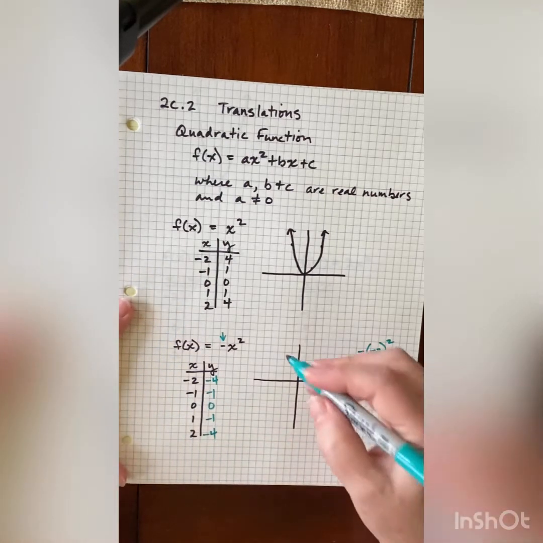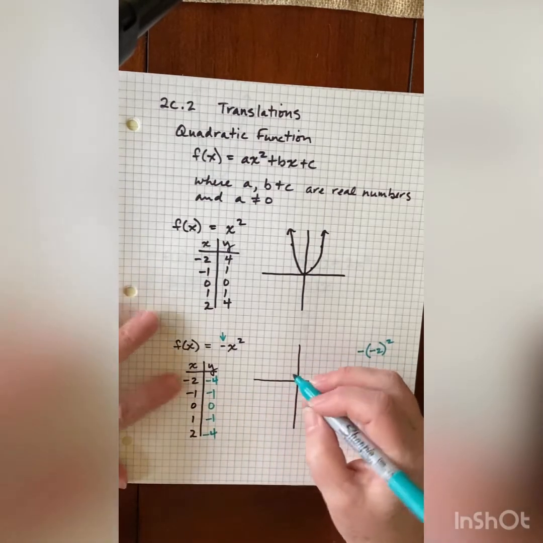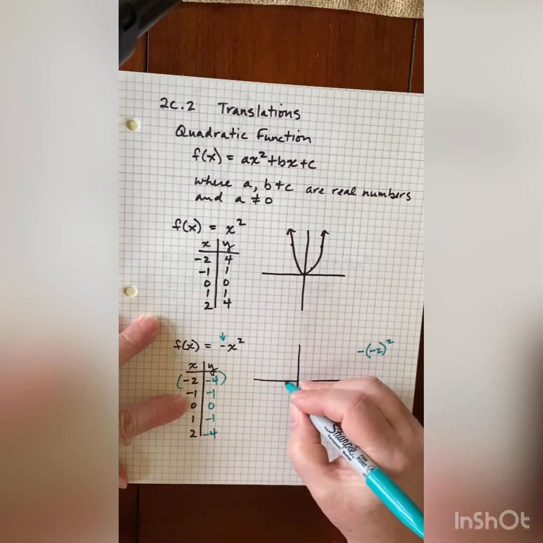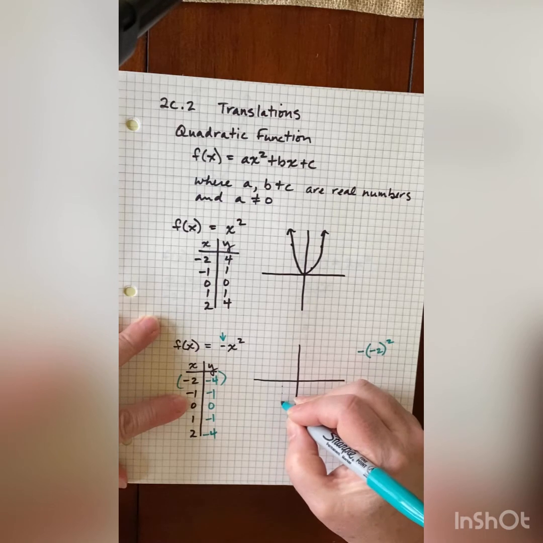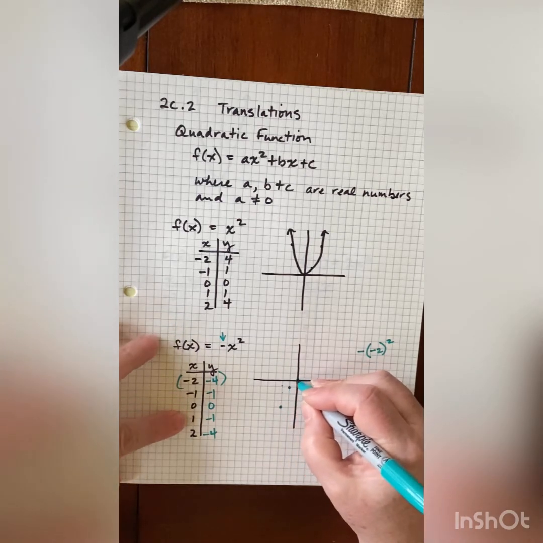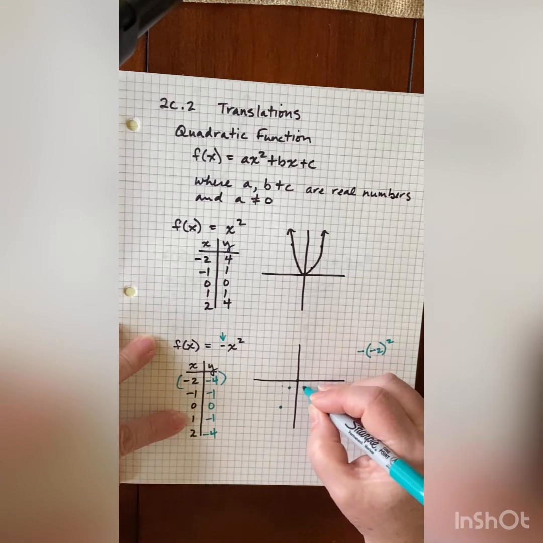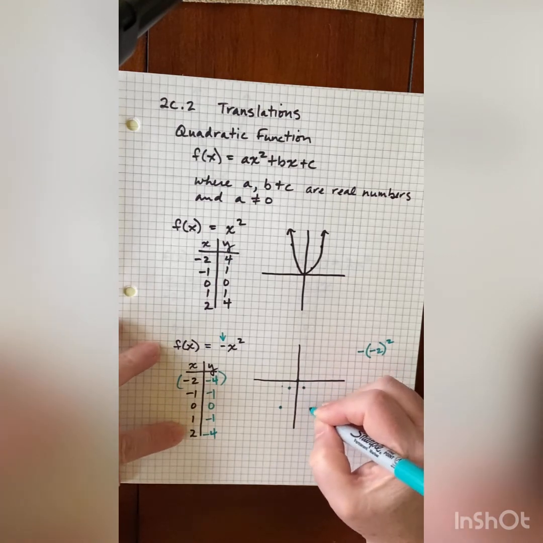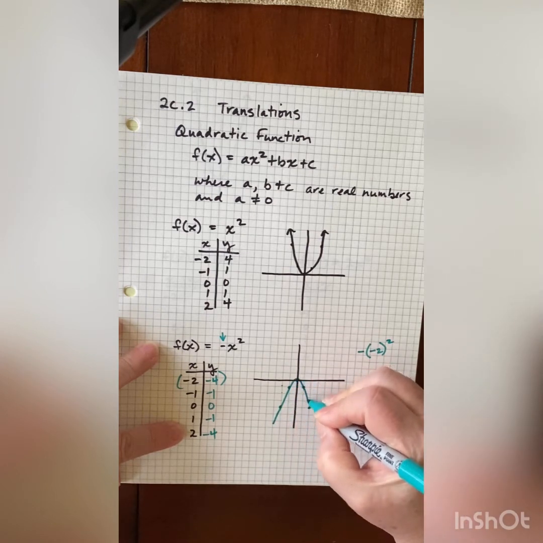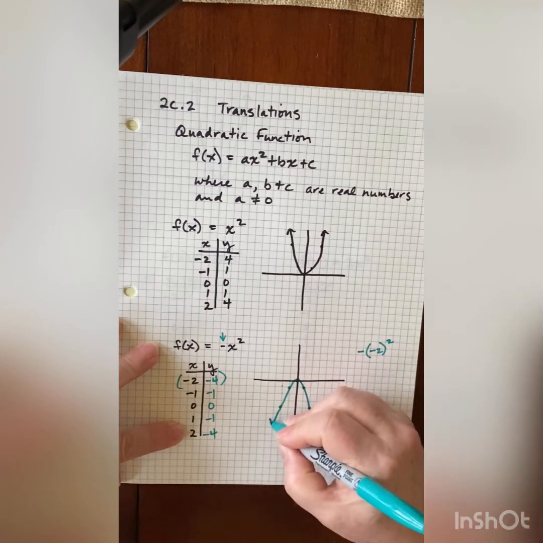All right, let's plot these points. Remember that this is an ordered pair here. So -2, -4, right here. -1, -1, 0, 0, 1, -1, 2, -4. And it goes like that.